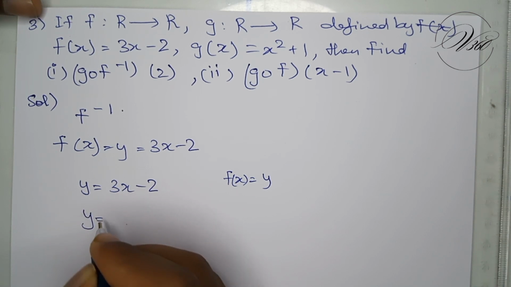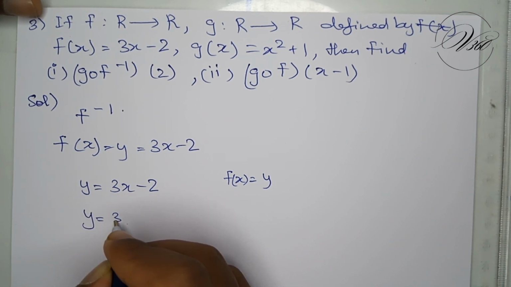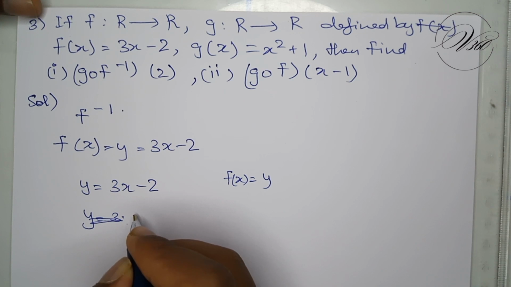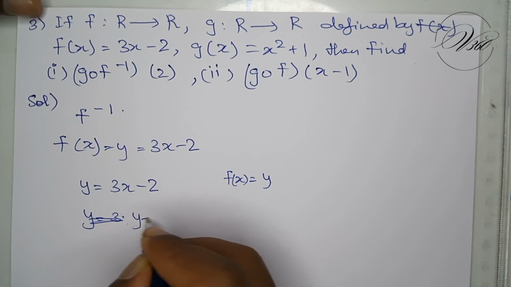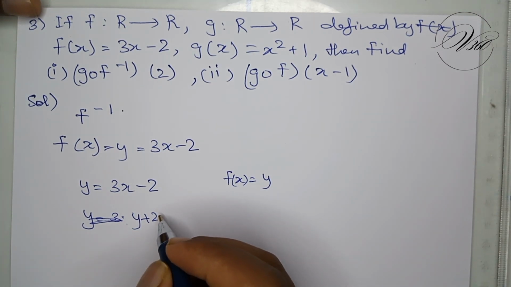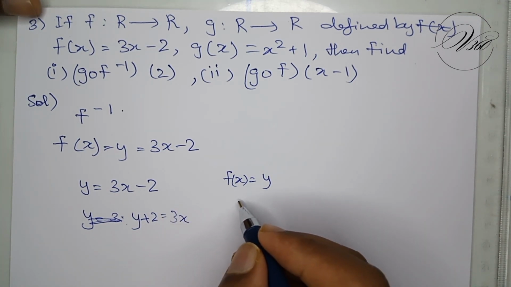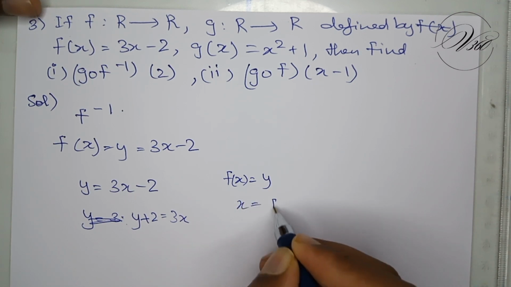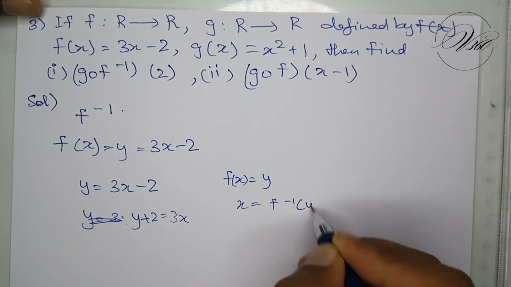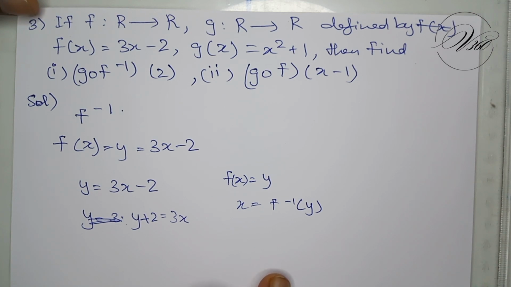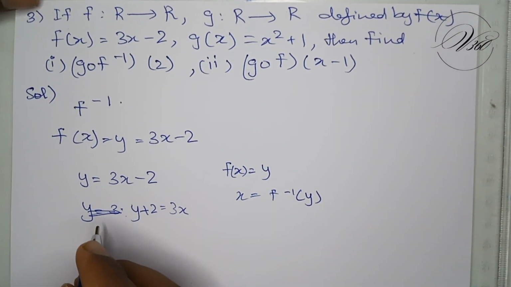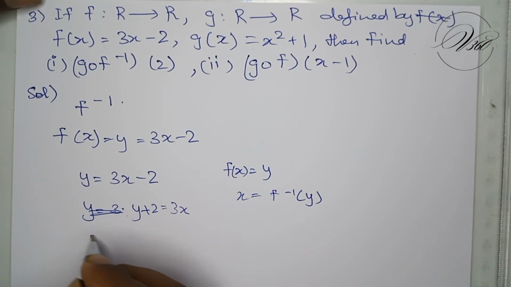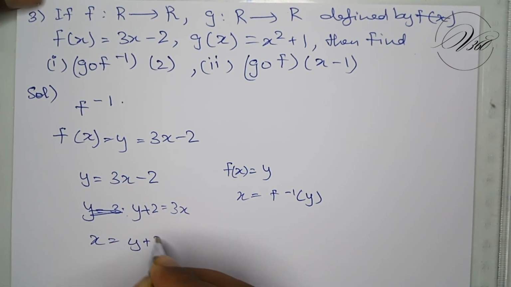Yeah. Now y plus 2 is equal to 3x and here x is equal to F inverse of y. Now to find out this equation, x is equal to y plus 2 by 3.